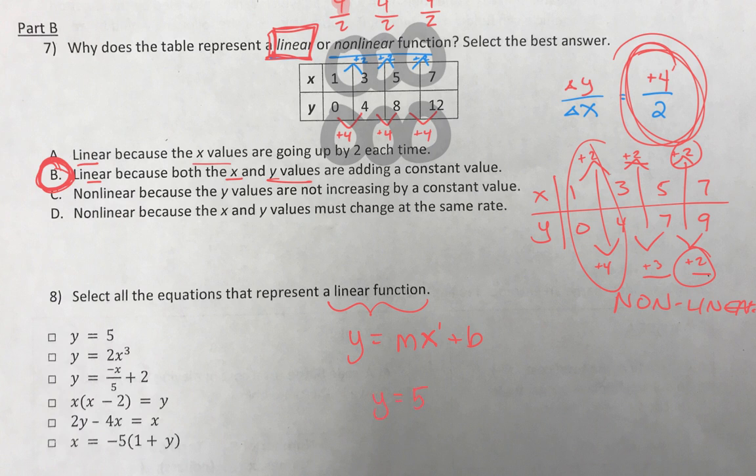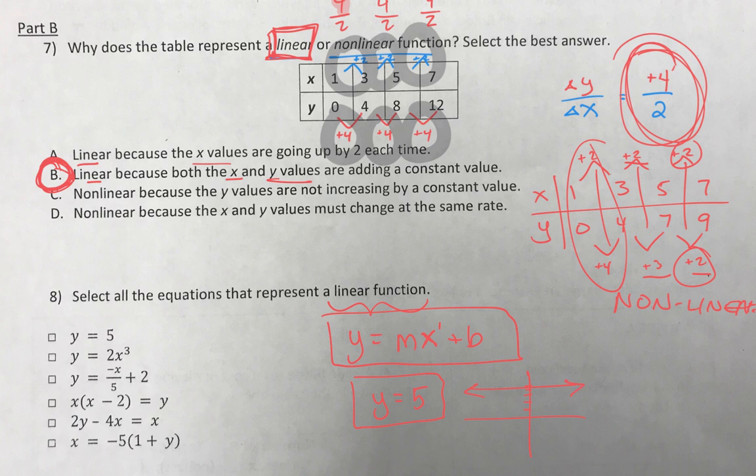So both of those are linear functions. This is the way you're going to see a lot of linear functions in this class with an x to the first power. And then this would be an example of a horizontal linear function. It would just be a horizontal line on a graph. So those are 2 examples of linear functions.